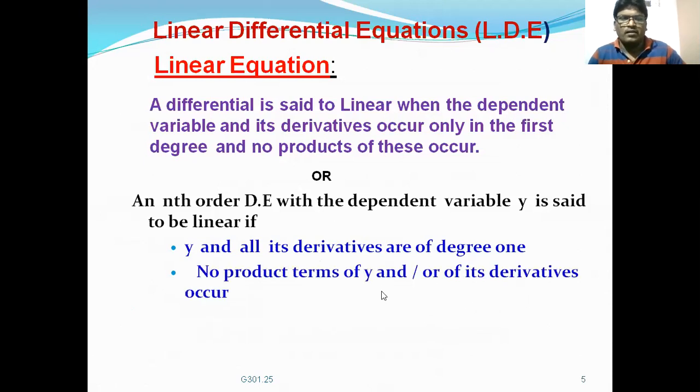Compulsorily, y and all its derivatives are of degree 1; it should be 1. Second, no product terms of y and or its derivatives occur.